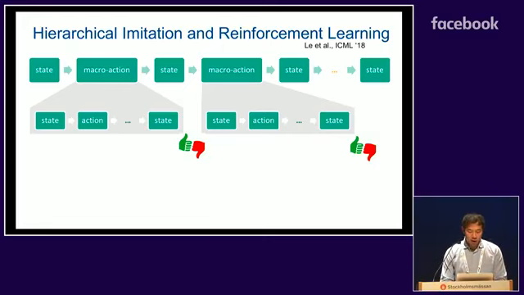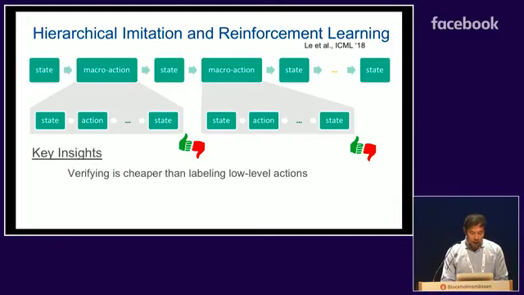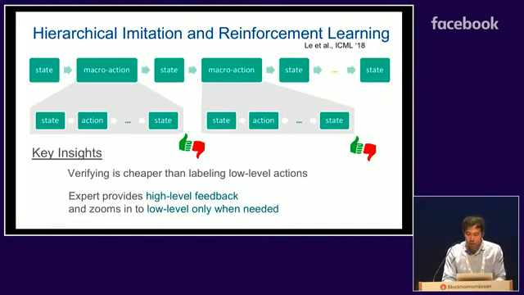So the idea is to ask for feedback that is much weaker than providing the full low-level details. The key insight here is that verifying in this manner is actually much cheaper than labeling the micro actions. The second key insight of our algorithm is that the experts should mostly provide high-level feedback and only zoom into the low level when necessary.